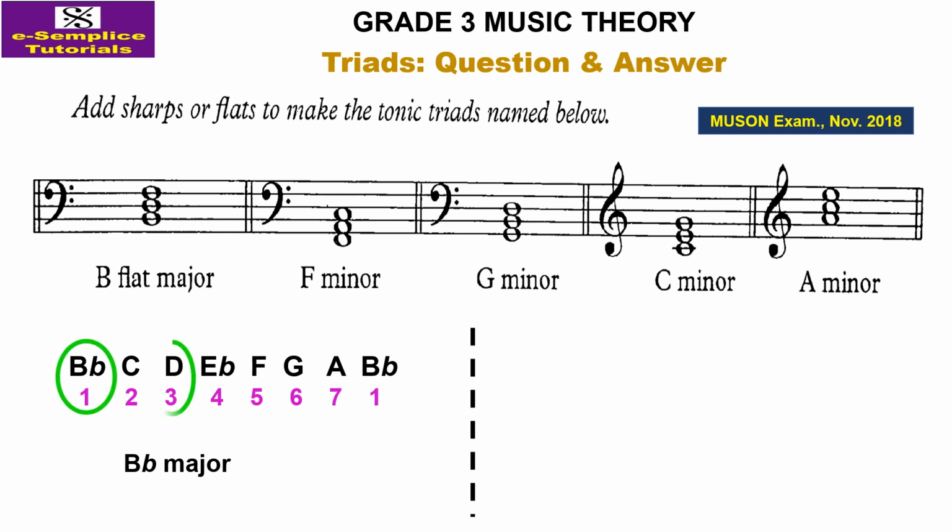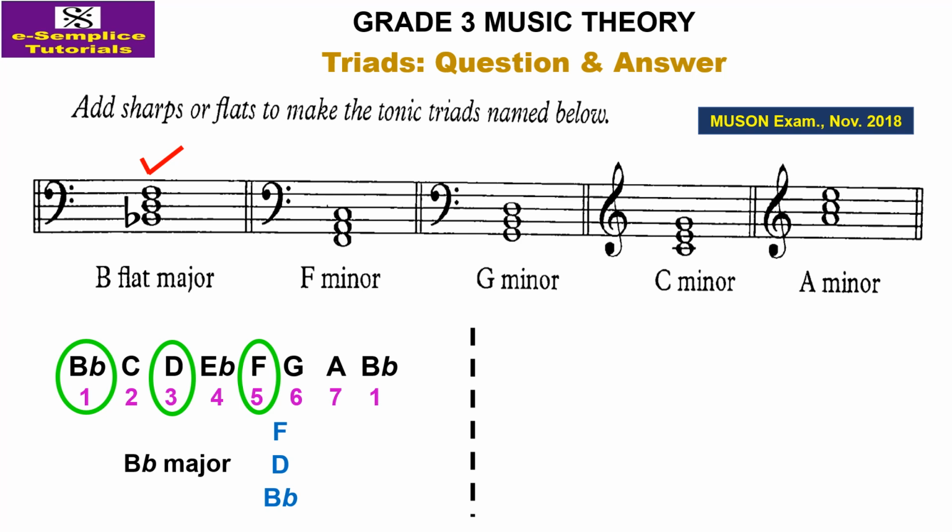So the tonic triad, so the first, the third, and the fifth stack. You'll see when you stack, B will have a flat, so just add a flat to B. The triad is already written, so this question is much more simpler than the previous one.